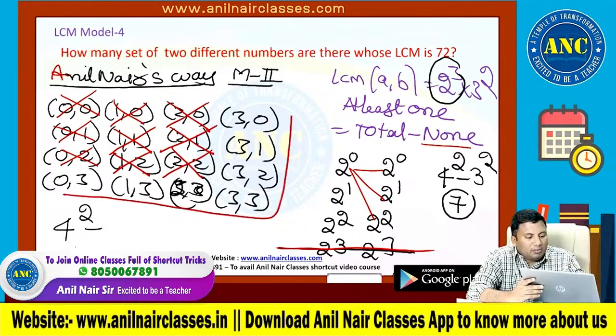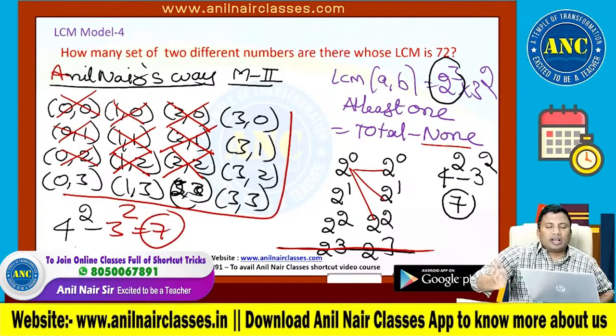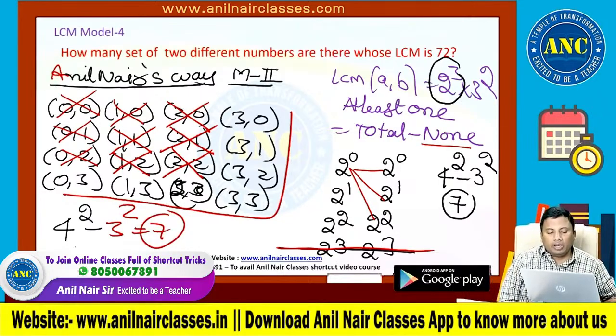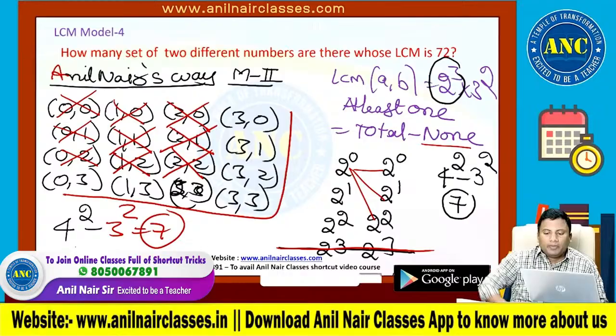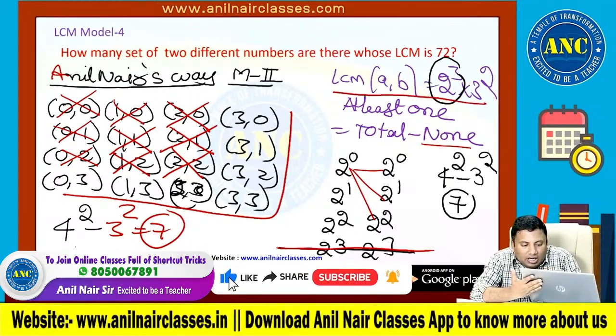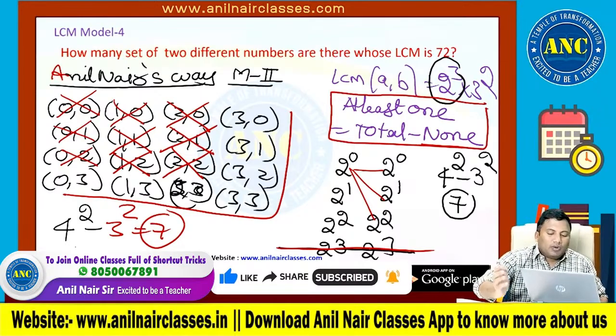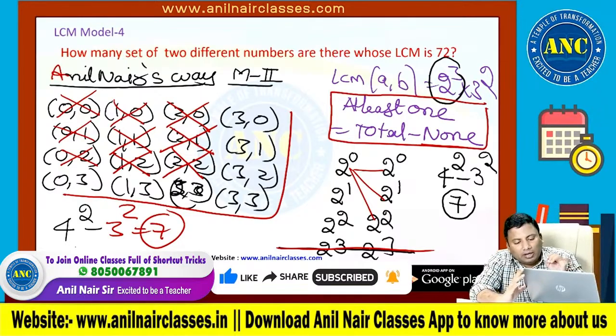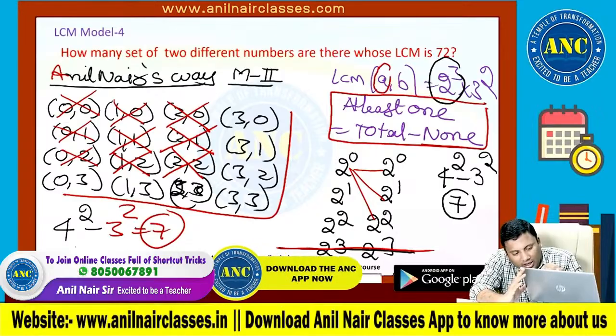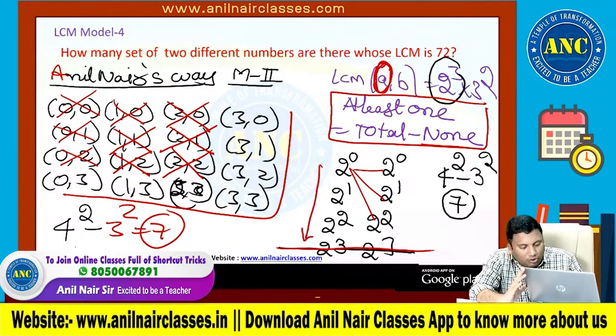What are these remaining? Remaining is what we got there: 3,0; 3,1; 3,2; 3,3. Yes or no? At least 1 is nothing but total minus none. A means all the powers of 2 starting from 0 to 3.